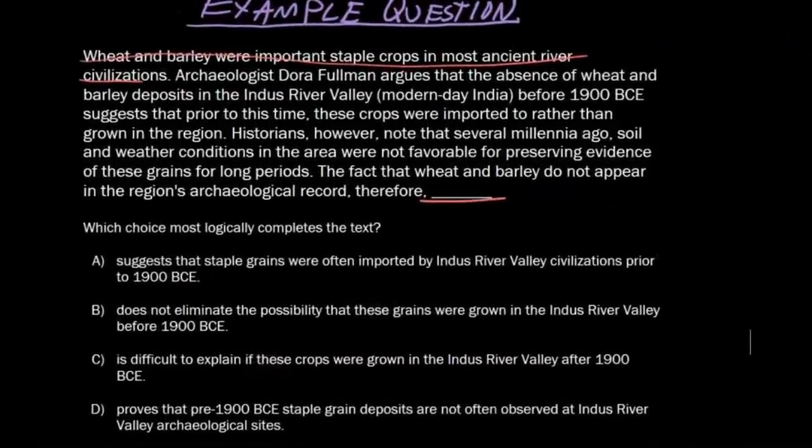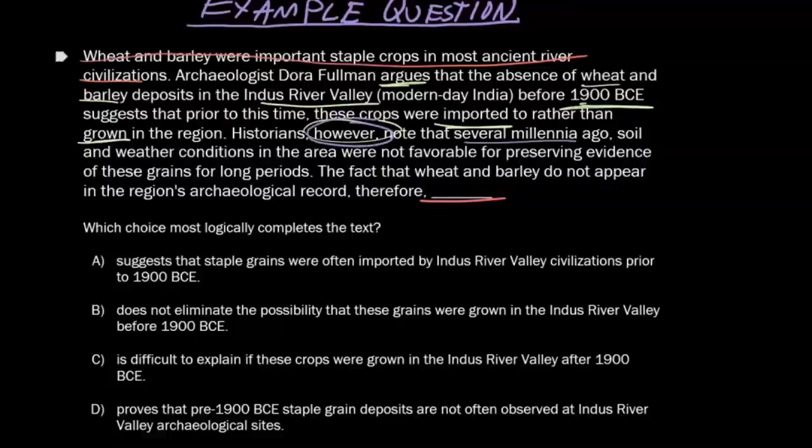So our first detail here: archaeologist Dora Fullman argues that the absence of wheat and barley deposits in the Indus River Valley before 1900 BCE suggests that crops were imported rather than grown. However, it's a transition word. Historians note that several millennia ago, so that would have been thousands of years ago, around and before this time period, soil and weather conditions in the area were not favorable for preserving evidence, right?